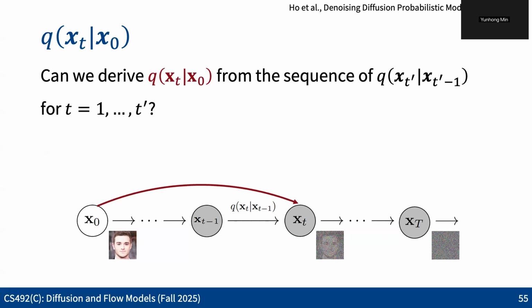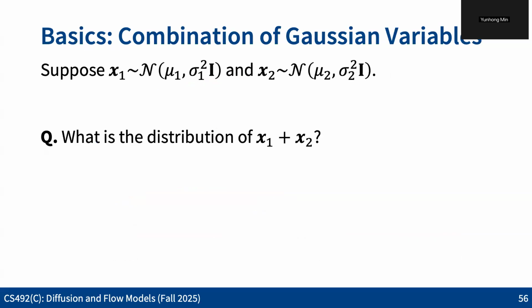We should have the closed form to see whether this matches the standard Gaussian distribution. So actually, the answer is obviously yes. We're going to derive a closed form for this conditional distribution. And for that, let's get back to some basics of Gaussian distributions.